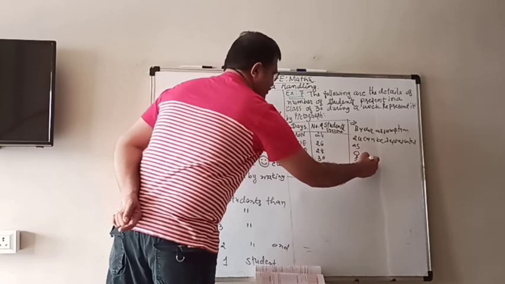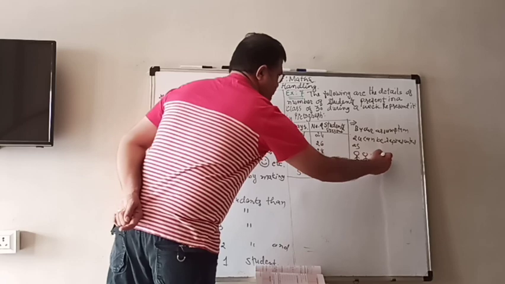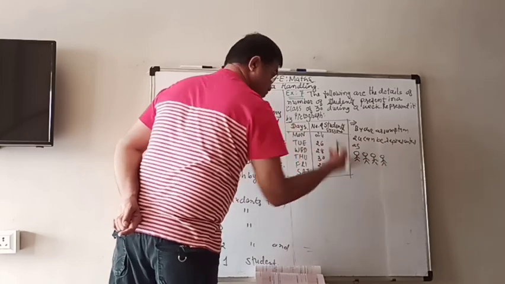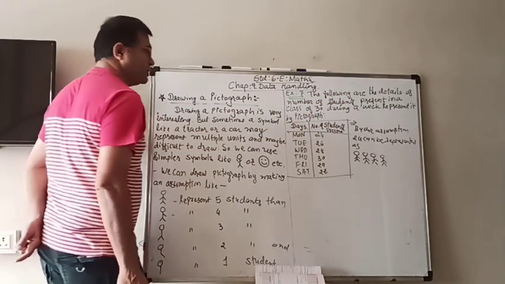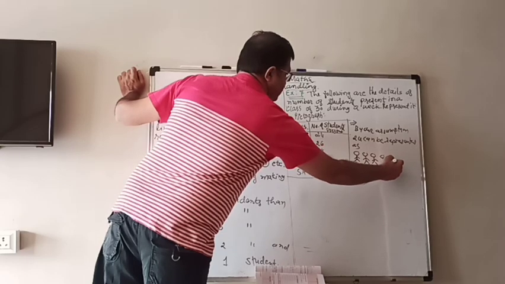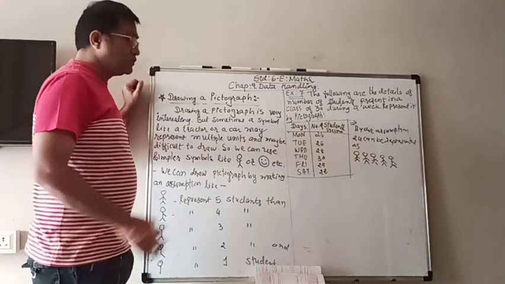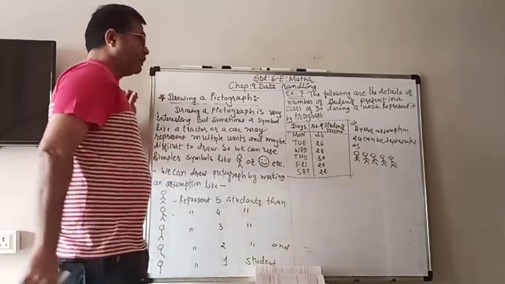So 5 plus 5, 10, 15, 20. Now 4 only. 4 means one hand should be cut off. So that can be represented by only this. And so on. So now we will draw that pictograph at the bottom here.